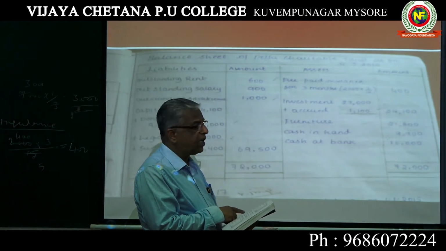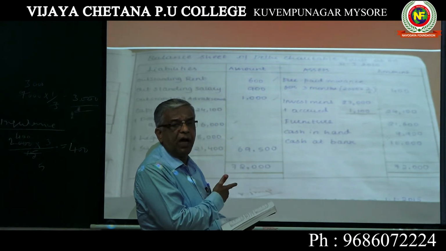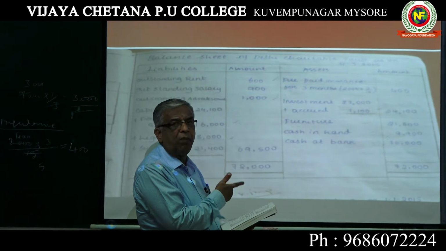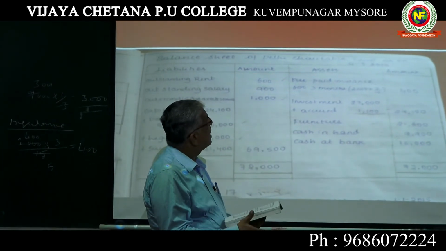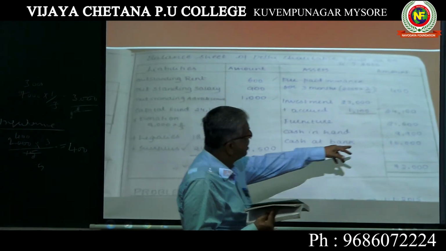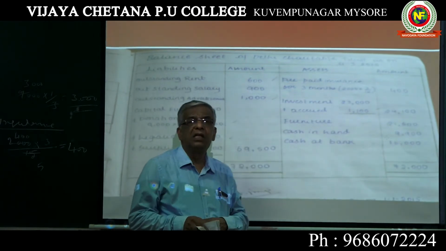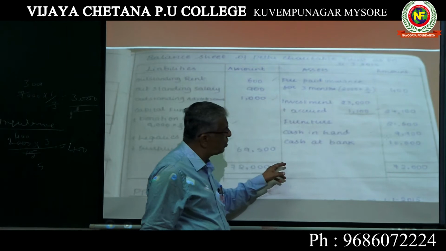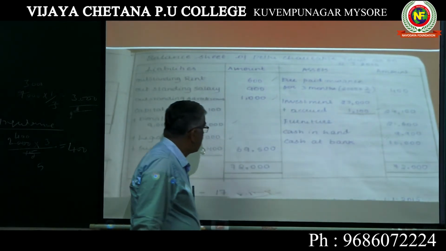Always in the closing balance sheet, we have to take the closing cash in hand and cash at bank. In the opening balance sheet, to find out the capital fund, opening cash and opening bank balance we have to take. Here, we are preparing the closing balance sheet, so therefore cash in hand 9,900 and cash at bank 16,000 rupees. So total comes to 72,000.